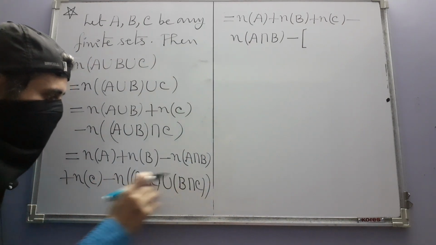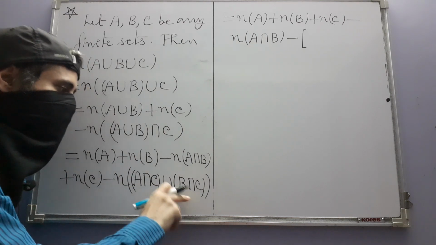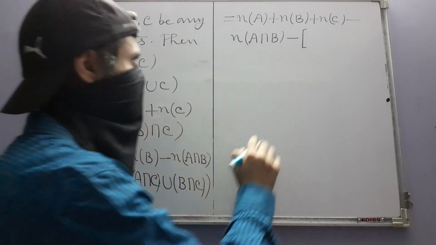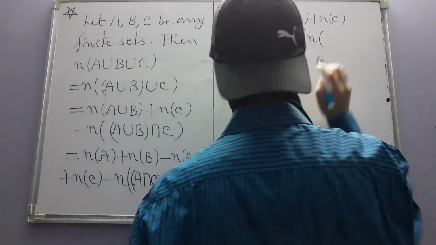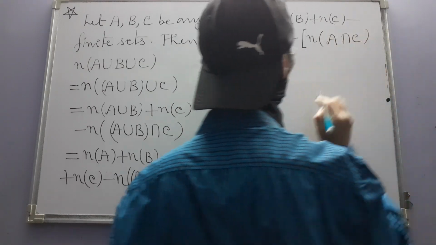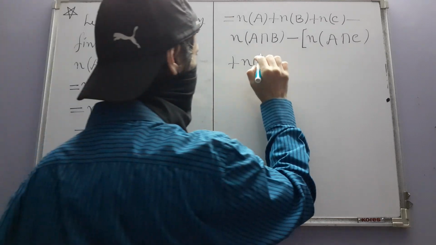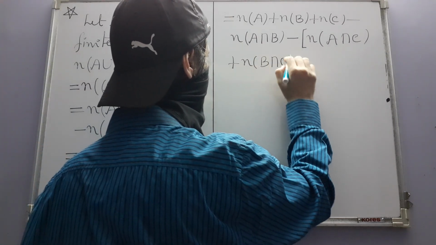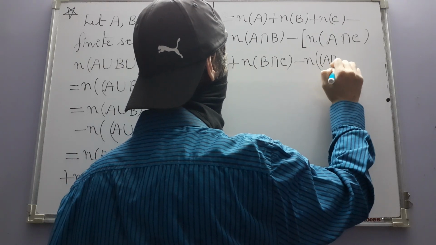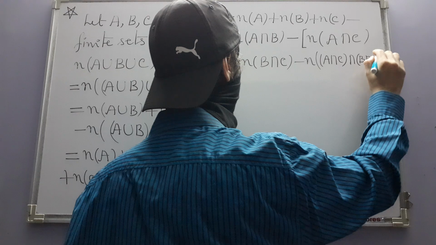N of this union this is N of this plus N of this minus N of this intersection this. That means N(A intersection C) plus N(B intersection C) minus N of (A intersection C) intersection (B intersection C).